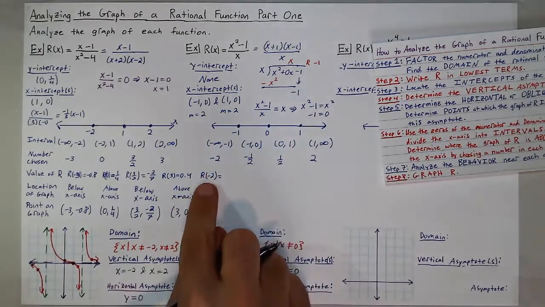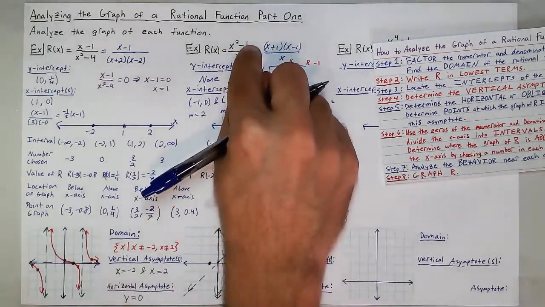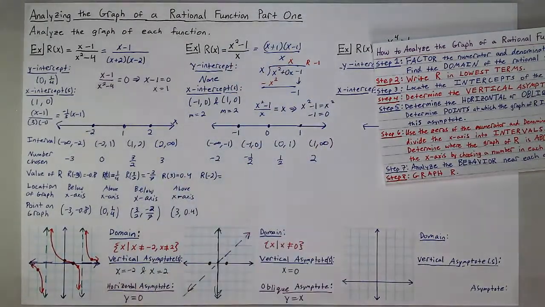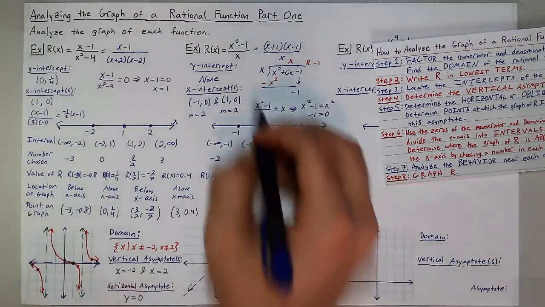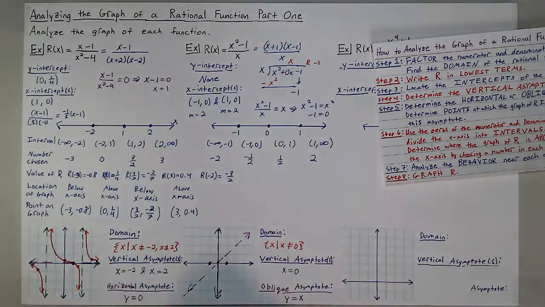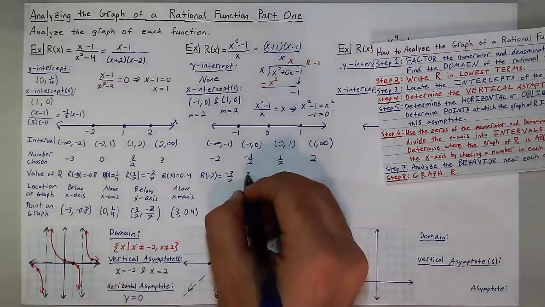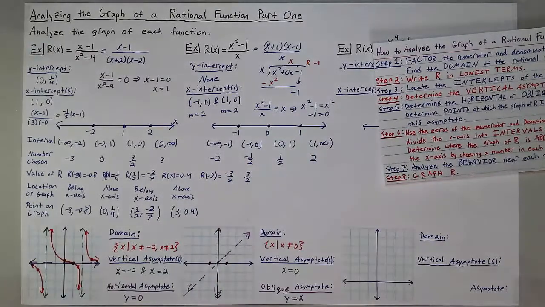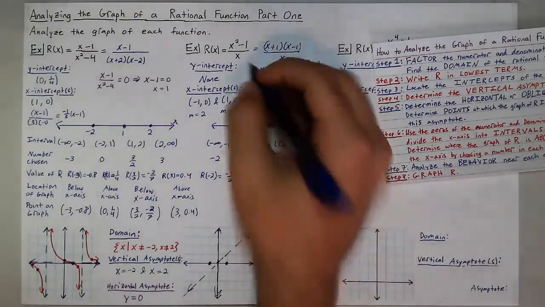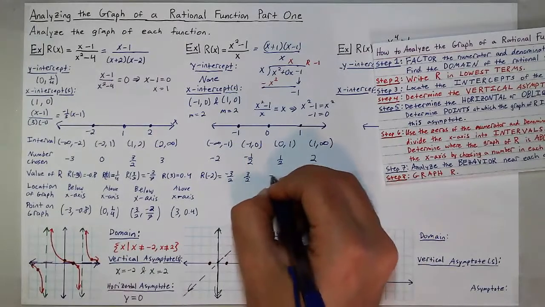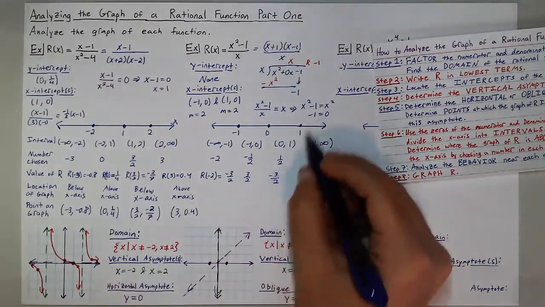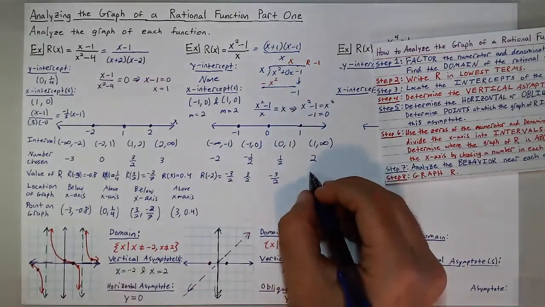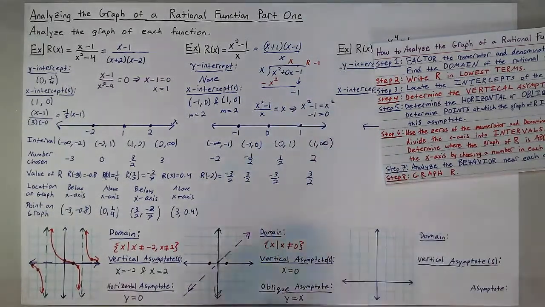We'll just plug these in to figure out the value at each of these. Plug in -2, you'll get 4 minus 1 over -2, so -3/2. Plug in -1/2 for x, you'll get the fraction +3/2. Plug in 1/2, you'll get -3/2. And then plug in 2, you'll get +3/2.